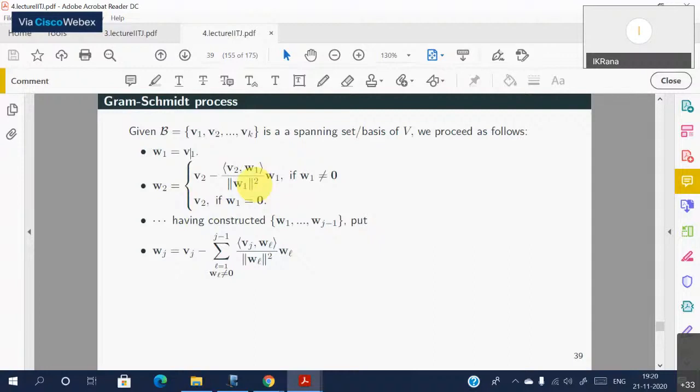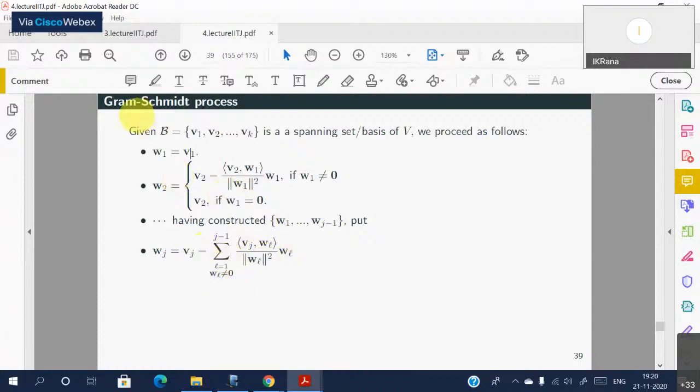because that will happen if the independence is not there. So inductively, having constructed W1, W2, up to Wj minus 1, construct Wj by removing the projection of all the previous ones from Vj. And they're all scalar multiples, so the span does not change, but the vectors become mutually perpendicular.